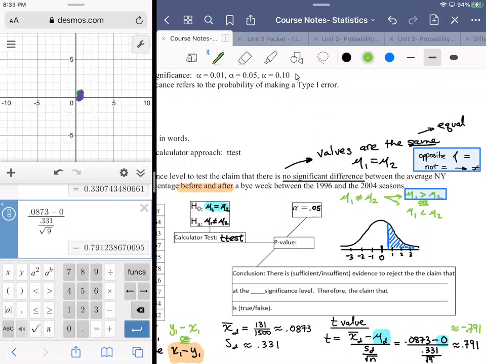So that gives us another possible interval. T distributions end up being a little on the tricky side to begin with, but especially when they're two-tailed, because what I could be looking at is the probability that the t-score is less than negative 0.791 or greater than positive 0.791. Right?